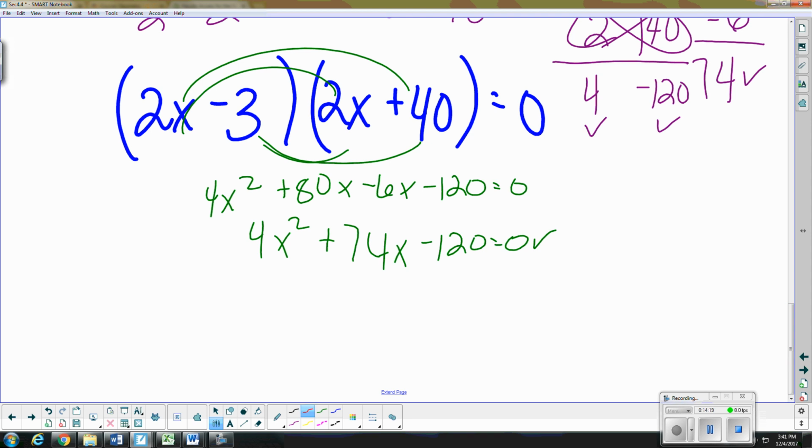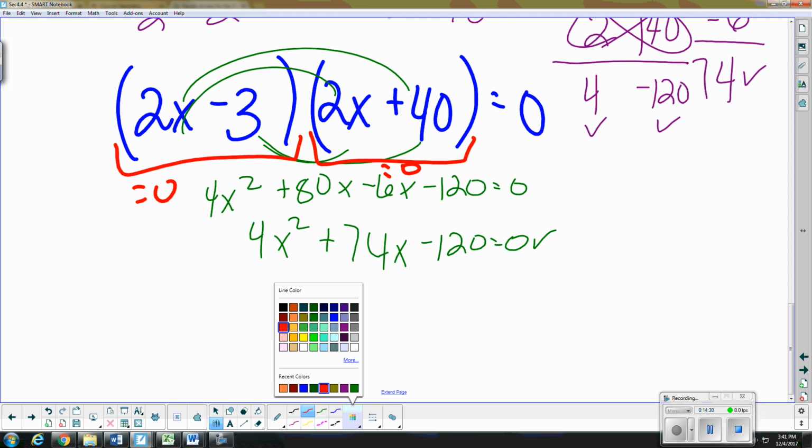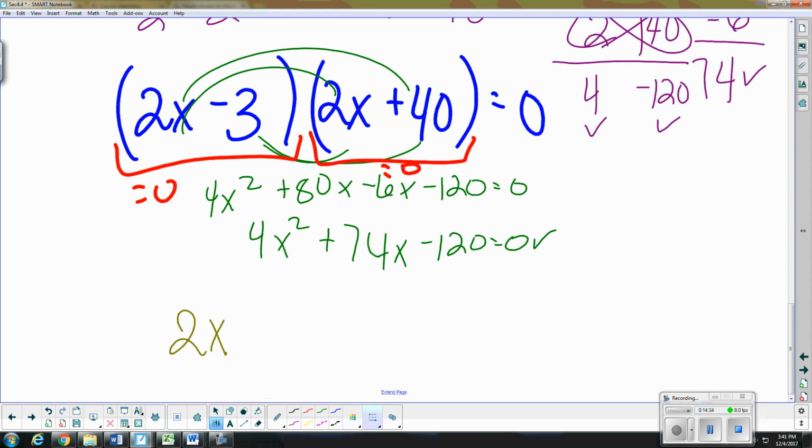So the zero product property says that either this equals 0 or this equals 0. So either 2x minus 3 equals 0 or 2x plus 40 equals 0.